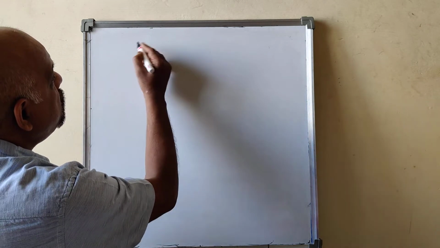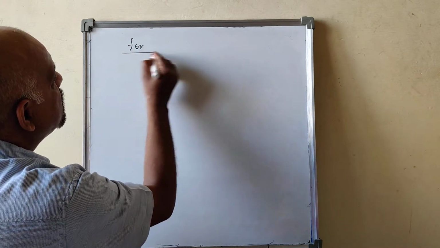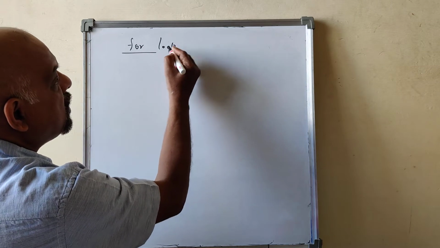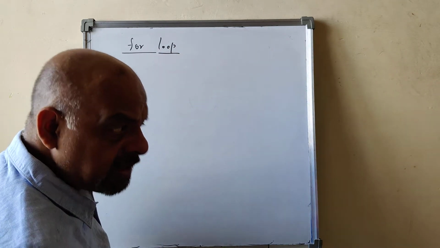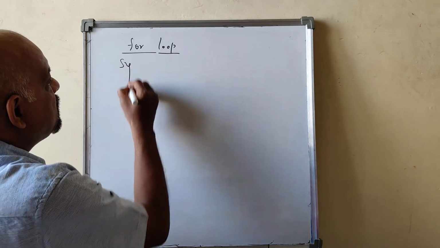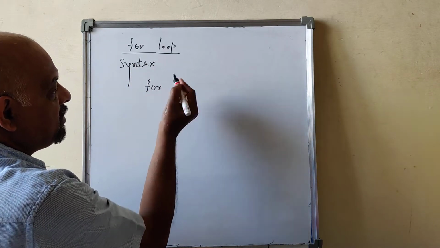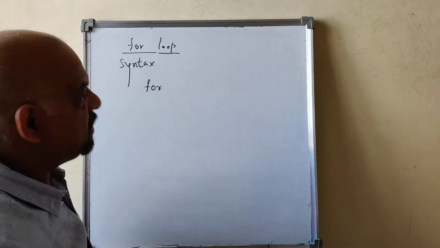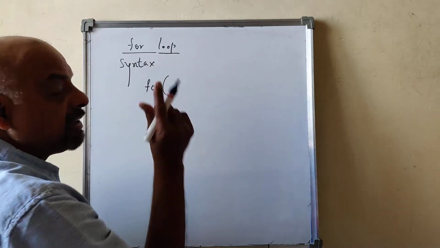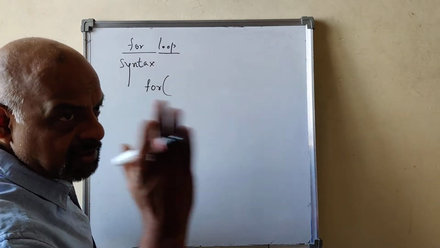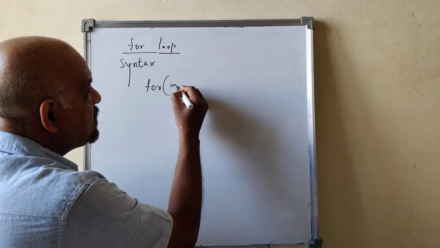For is a keyword, all lowercase letters, followed by parentheses. There are three components you should remember.